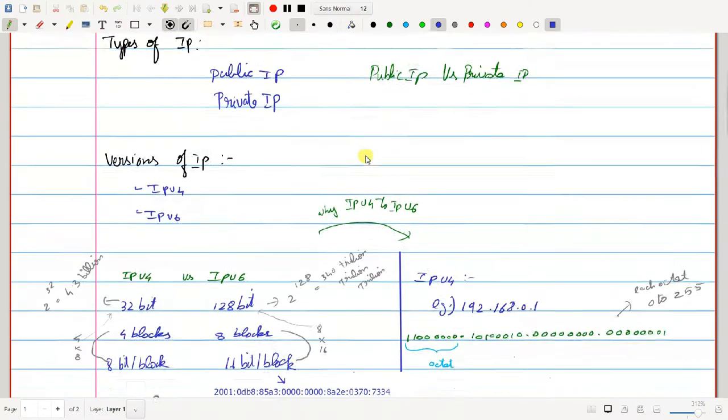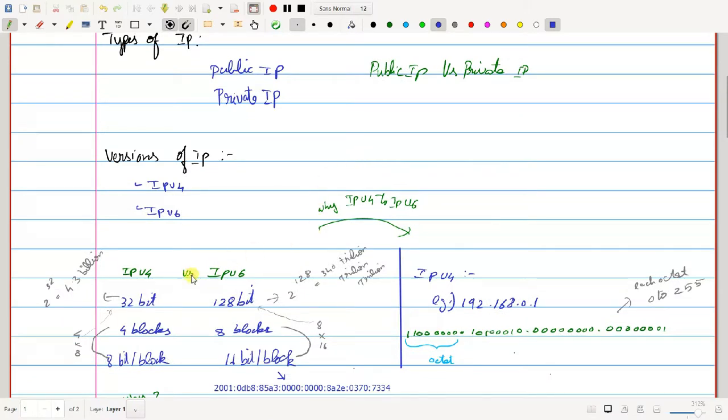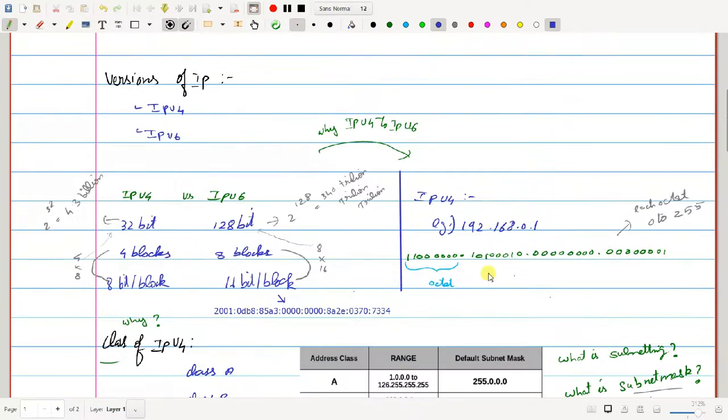Let's see about IP version 4. IP version 4 has a total of 32 bits. It has 4 blocks, 8 bits per block. There are a total of 4.3 billion IP version 4 addresses available. The example of an IP version 4 address is given below. Here, the IP version 4 address 192.168.0.1 is converted into binary, and each 8 bits is considered an octet.